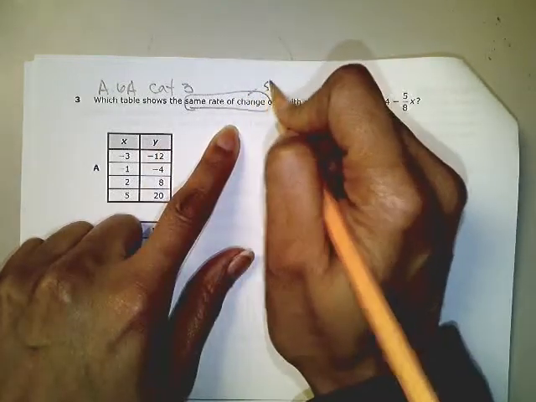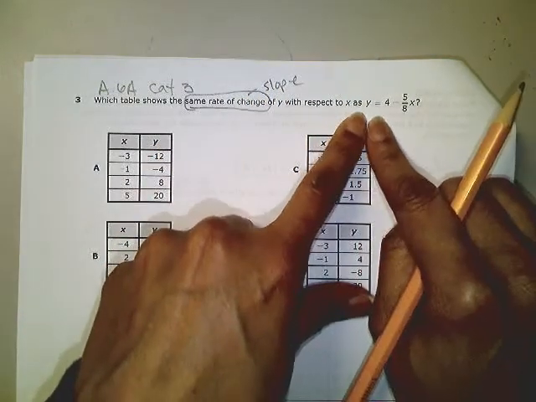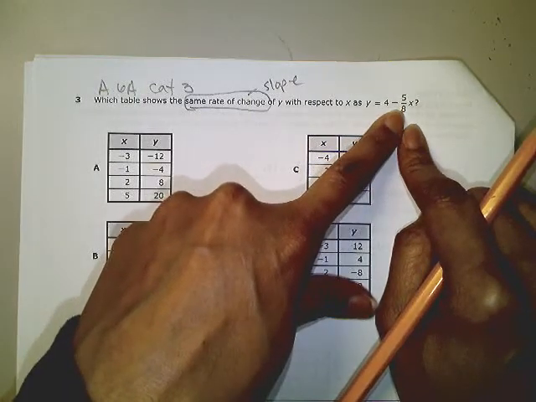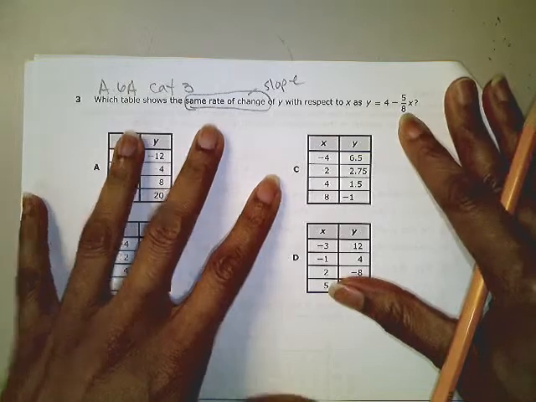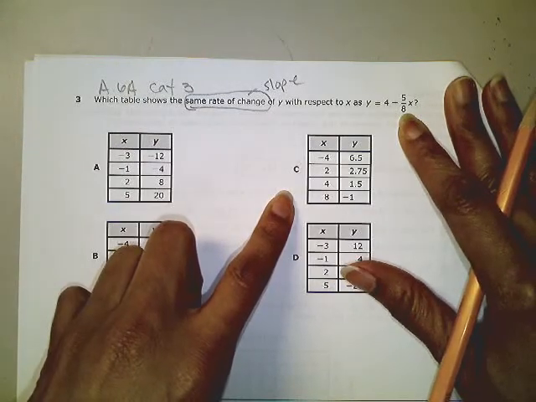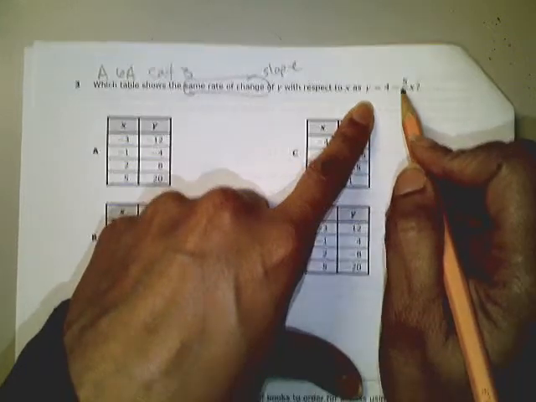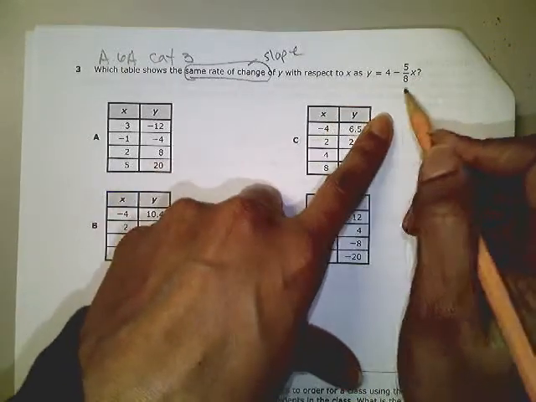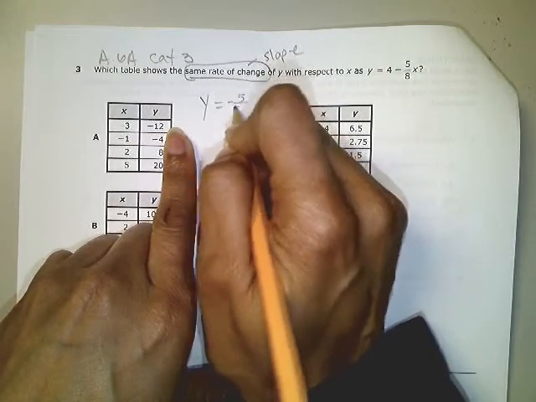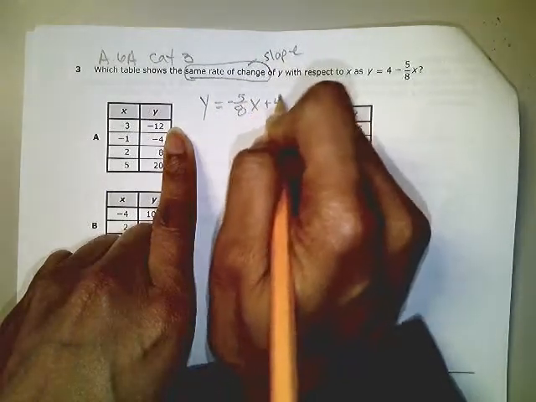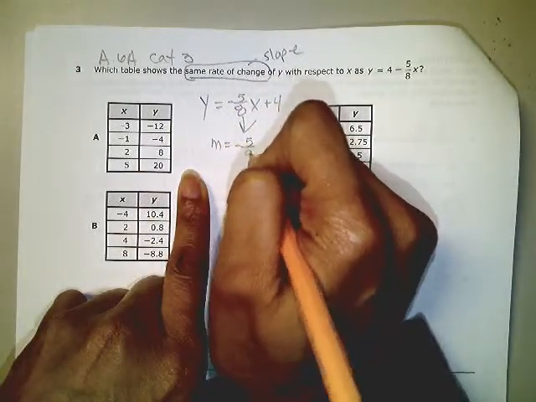Rate of change is my slope of y with respect to x. So I'm looking for the one that has the same slope. Even though this is not written in slope intercept form, I can rewrite it. That's negative 5/8 x plus 4. And I can clearly see that my slope is negative 5/8.